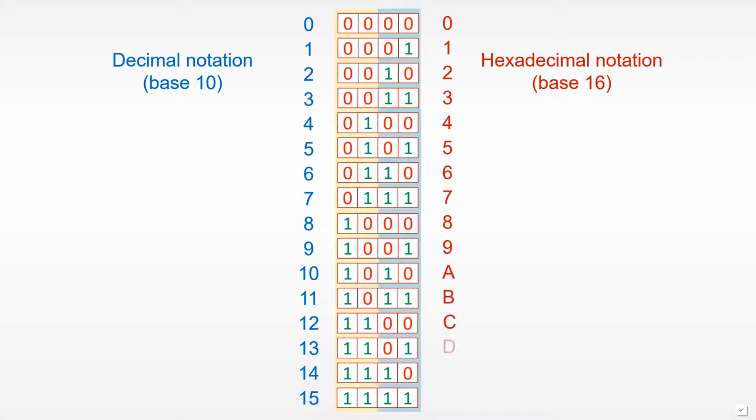And then we use letters from the beginning of the alphabet, starting from the letter A and ending at the letter F, to describe the combinations that correspond to 10, 11, 12, 13, 14, and 15. The reason why this is very neat is because we only need to worry about a single character, a single number representing 4 bits of data.